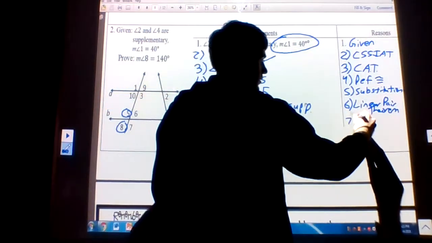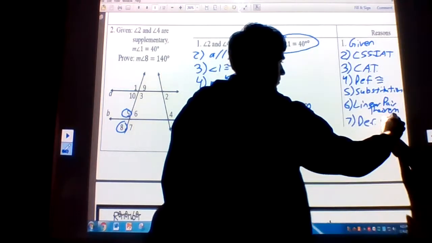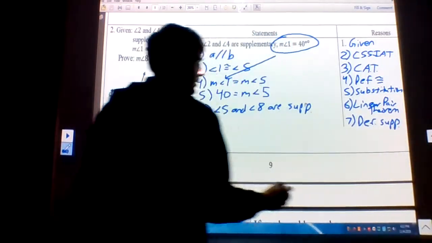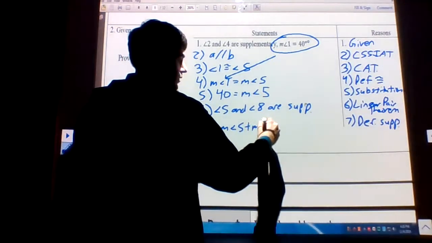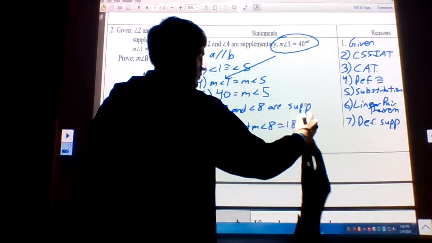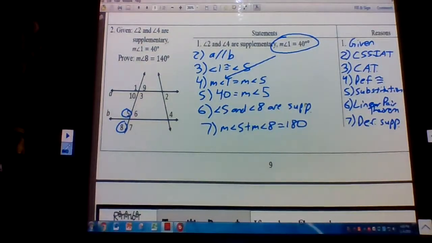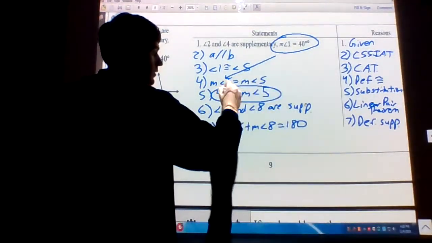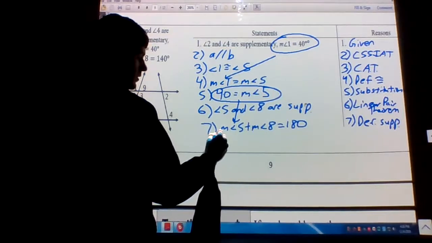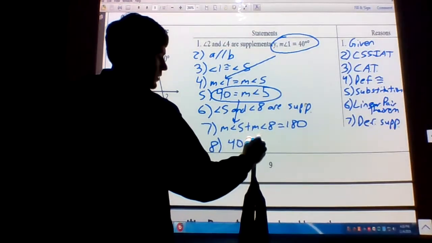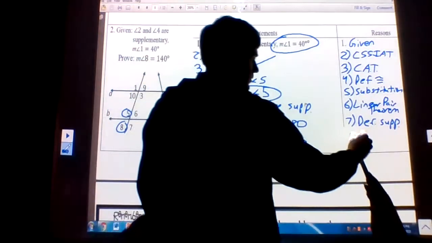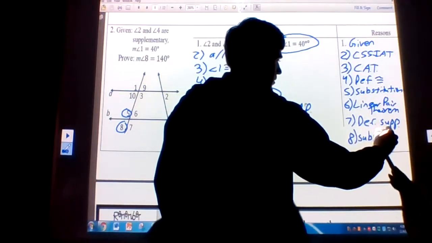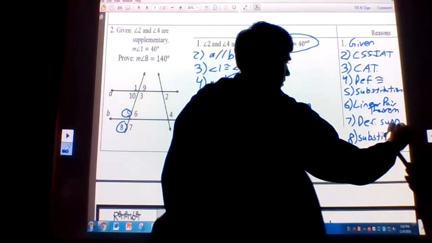Okay, and then again, we can use the definition of supplementary to say that those angle measures add up to 180. So the measure of angle 5 plus the measure of angle 8 equals 180. Luckily, we know the measure of angle 5 here is 40, so we can substitute that in. So we're going to get 40 plus the measure of angle 8 equals 180. That's substitution.